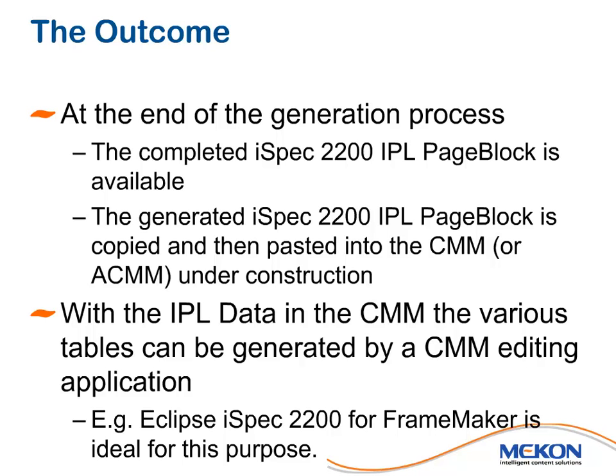When you've got the IPL data in the CMM and saved safely, you can then use the application that you use for editing to generate the various tables that are required by the parts list. Of course, in our application, we would recommend that you use the Eclipse iSpec 2200 for FrameMaker, which is ideal for that purpose.